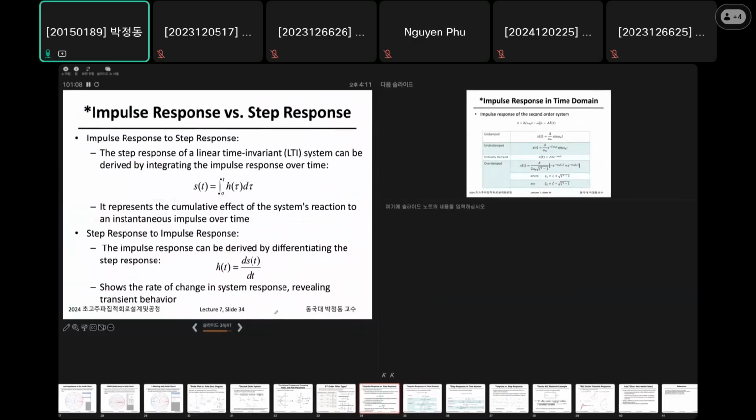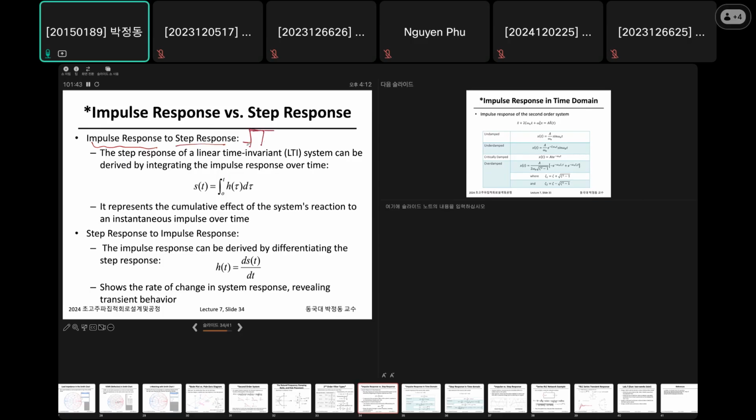Okay, so why do we do this? Because we want to get the impulse response in time domain, right? The difference between the impulse response and step response is that for the impulse response, the input is an impulse, delta, and for the step response the input is a step function.